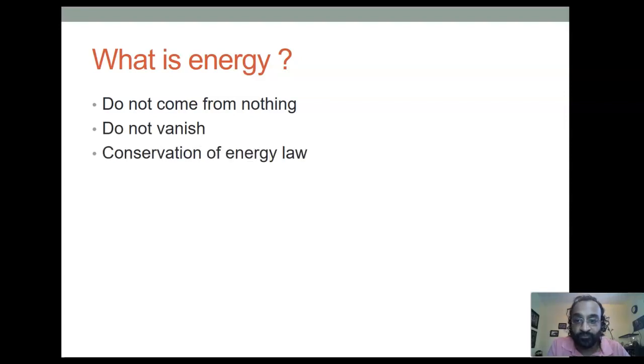It doesn't vanish, and I'm sure at some point you have heard of this law, the conservation of energy. It's exactly what we just said, that energy does not vanish, it's always there. And scientists have been tracing all the energy in the universe from the Big Bang or the beginning point.